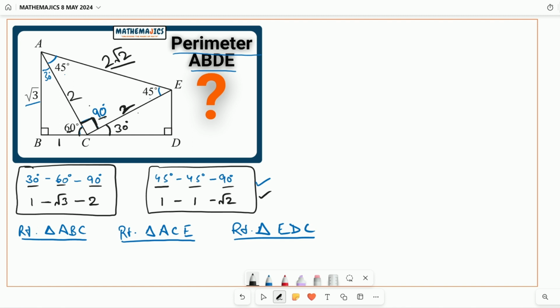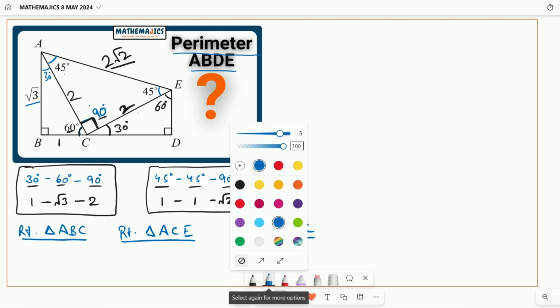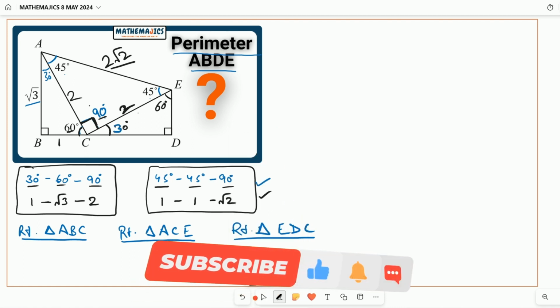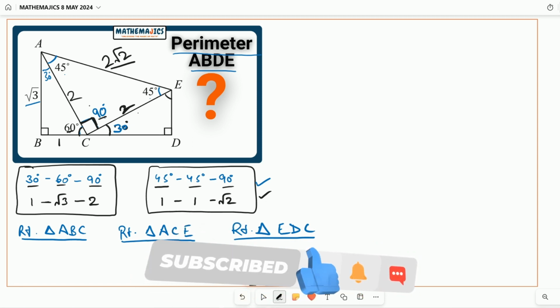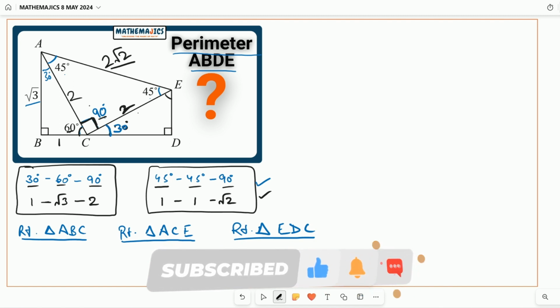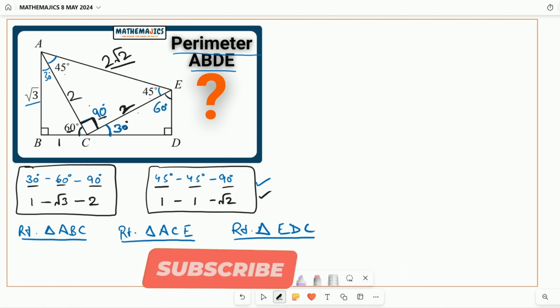If this is 30 and this is 90, this is automatically 60; 60 plus 30 is 90, 90 plus 90 is 180. The sum of angles in a triangle is 180 degrees. Let me mark these angles in blue color so that it is easier to see: 30 degrees and 60 degrees.